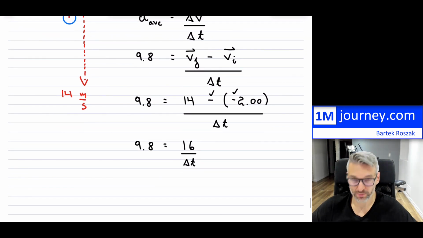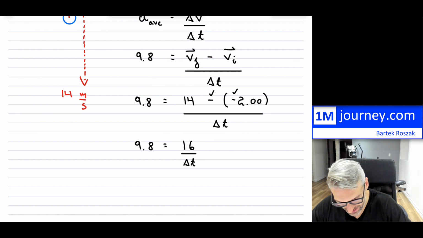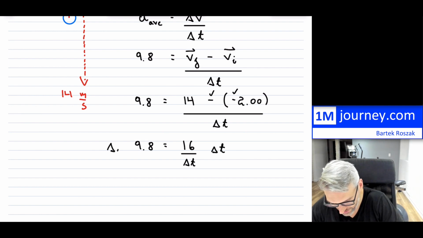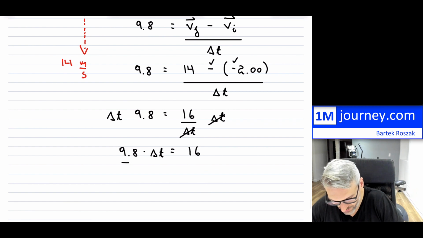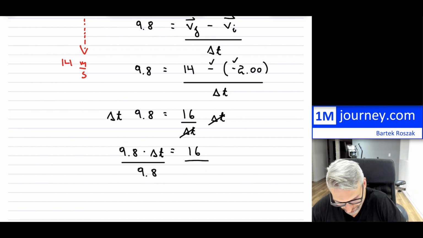Now, if you want to be able to solve for that delta t, you cannot have it in the denominator. So you can multiply delta t on both sides here, like this. So this is going to be gone, and you will just have 9.8 times delta t is equal to 16. And now you can get rid of the 9.8, so it's going to be divided by 9.8.